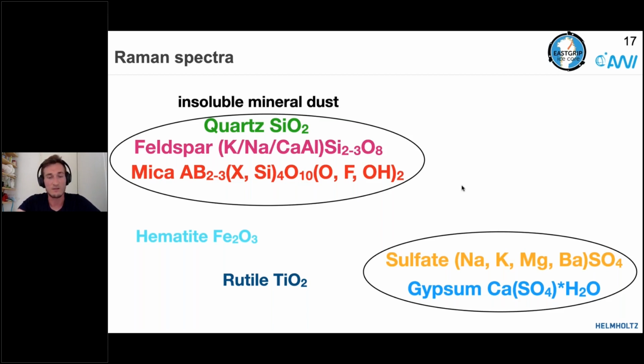And then we have a lot of other minerals, especially sulfates, of which gypsum is one of the main ones we find in general, and some other minerals which are there in very low abundance, like hematite or rutile.